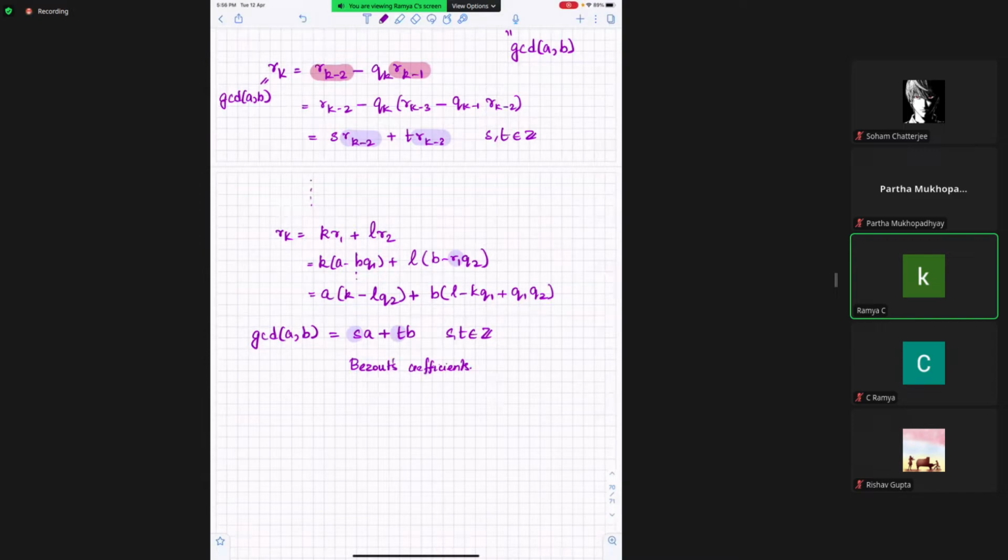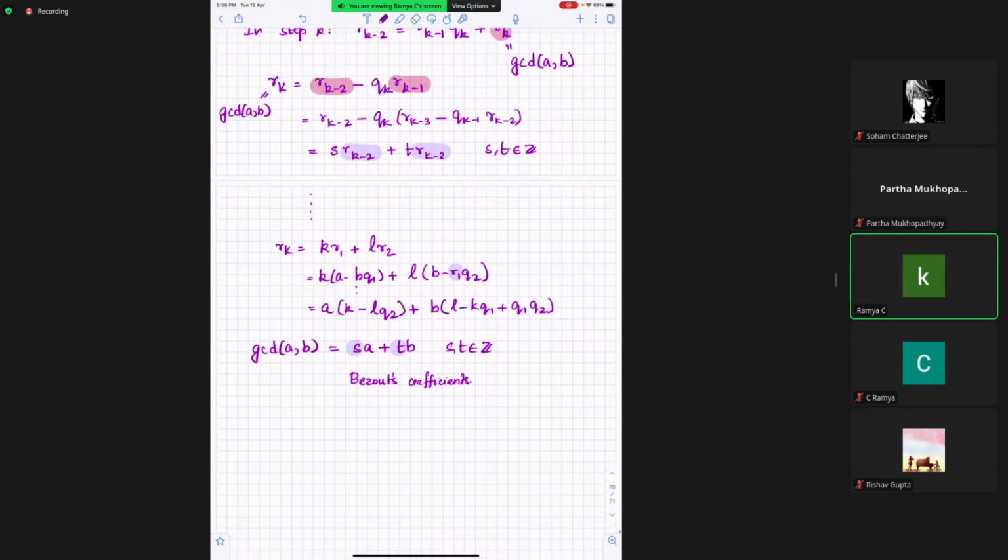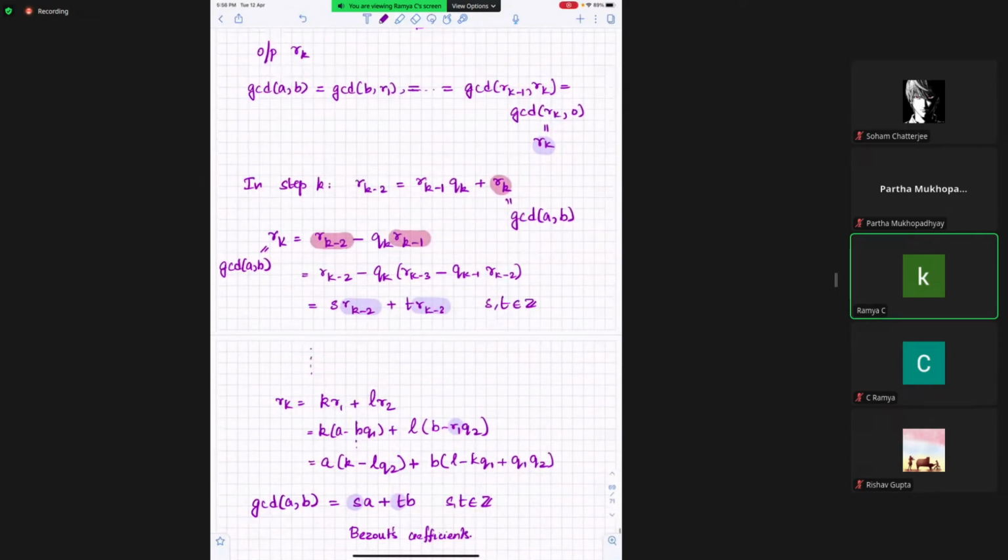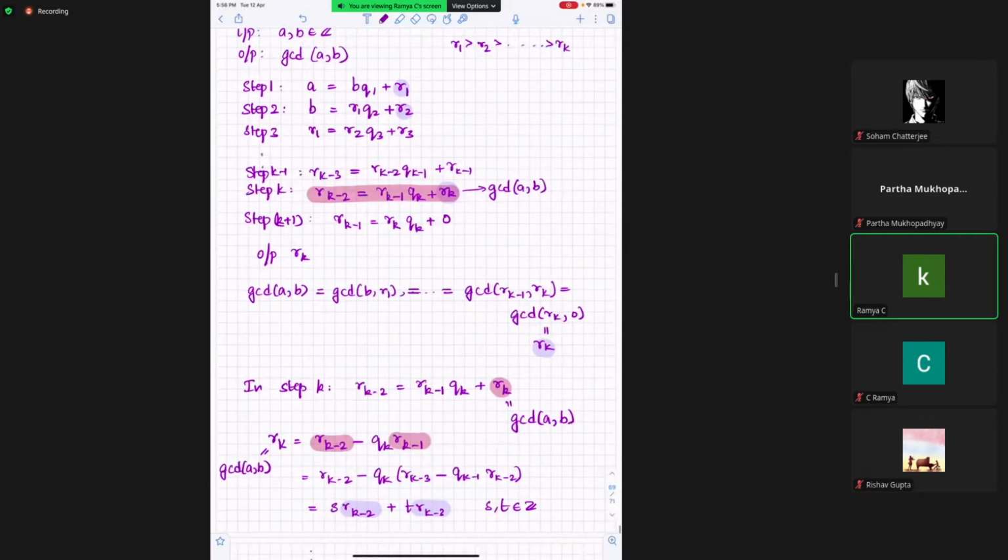So what we did is, we did not actually prove it, but I gave you a procedure that tells me that by unwinding Euclid's algorithm, which is also called backward substitution, you can obtain the Bezout's coefficients of A and B given any two integers.